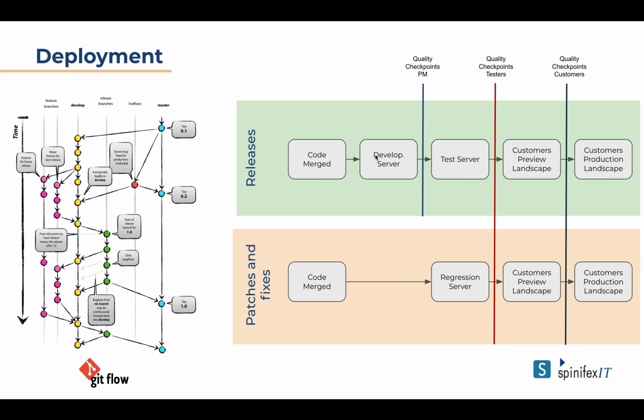So the development server is where the product manager and myself are testing the solution and testing the new feature of the developer. Once we are happy with that and we passed all the internal controls we have, we actually move the code to a test server where the testing team is actually testing our application.